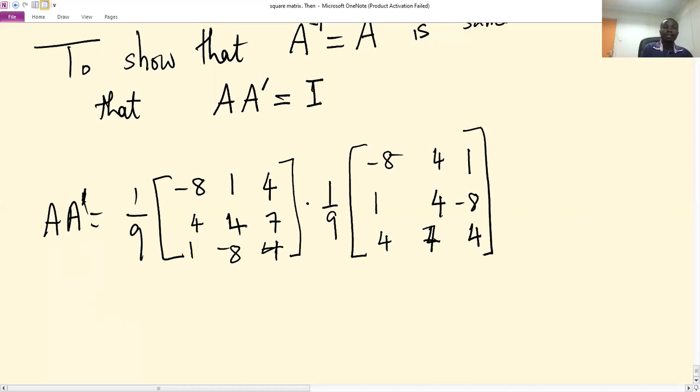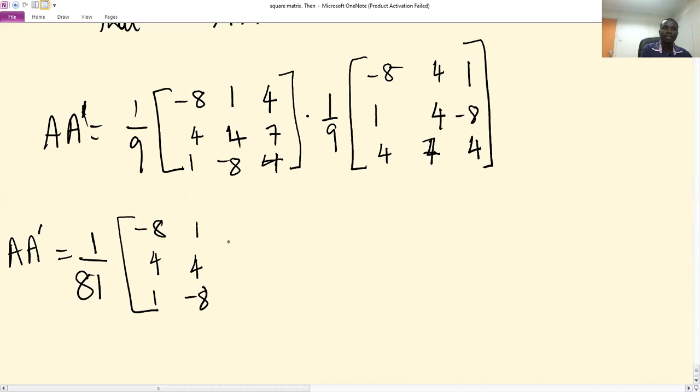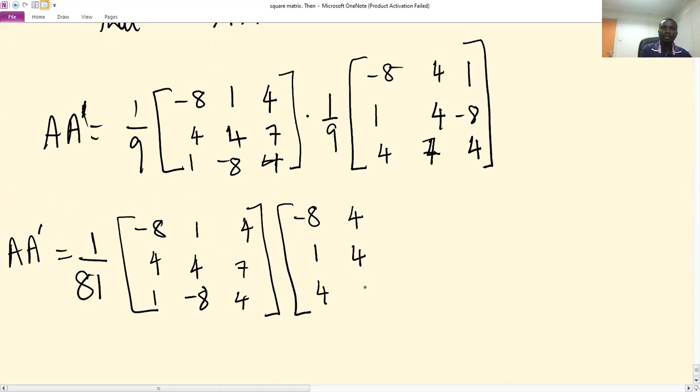Because it's a product, you just multiply the two scalars: 1/9 times 1/9 is 1/81. So A times A transpose is 1/81 times the first matrix times the second matrix.